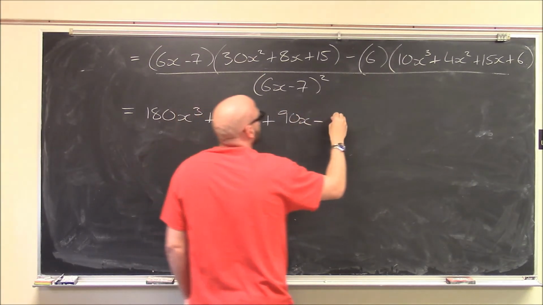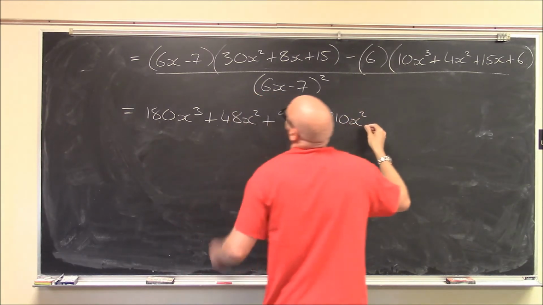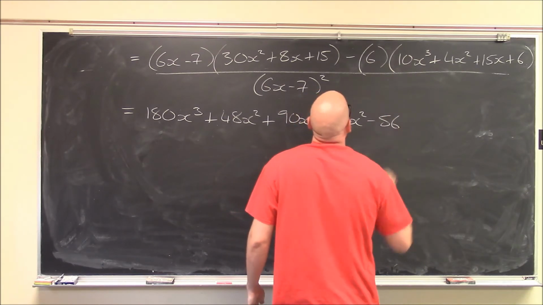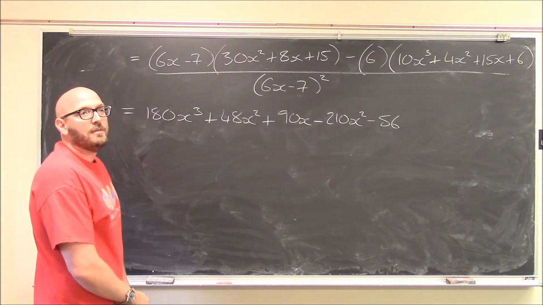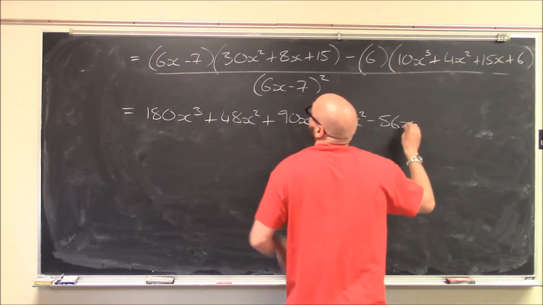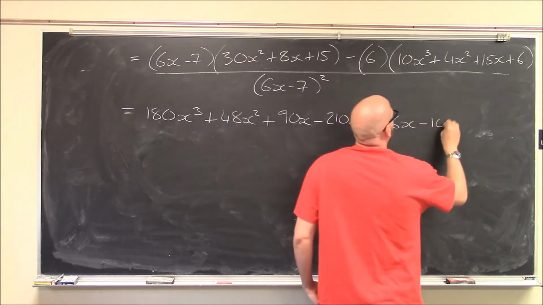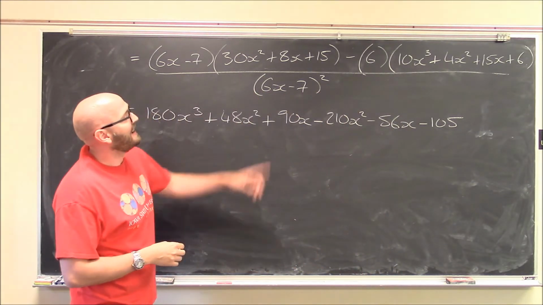Minus 7 times 30 is minus 210x squared. Minus 7 times 8 is minus 56x. Minus 7 times 15 is minus 105. So there's all of that.